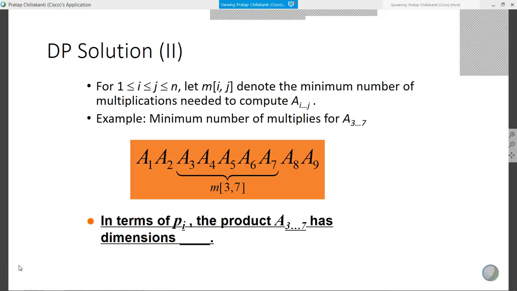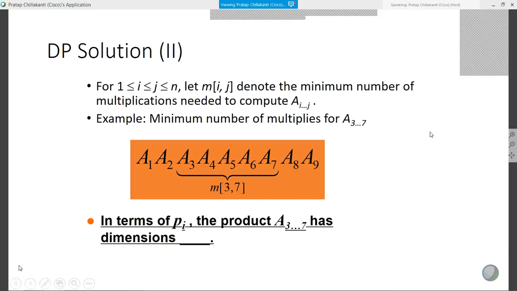So you have a chain from 3 to 7. In terms of the Pi notation, what would be the dimensions of A3 to 7?